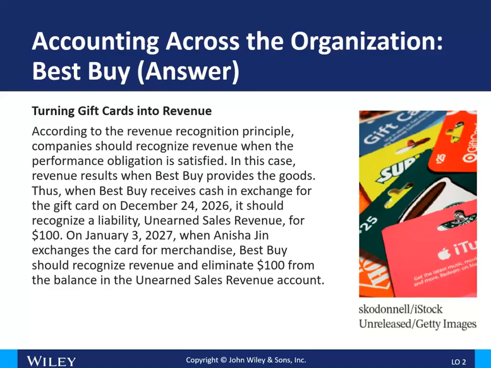But they're in the business of selling electronics and associated things with that, so they recognize the revenue when that performance obligation is satisfied. That's just how I think about whether it is revenue or a liability.